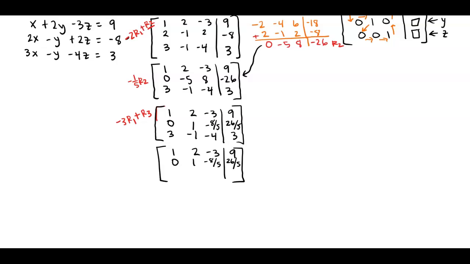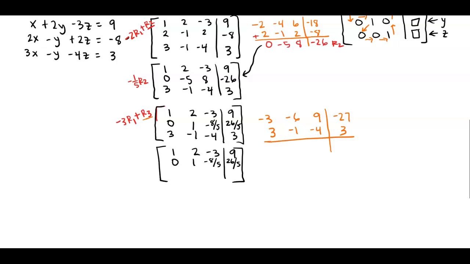Right, and so when I do this part, -3 times row 1, that will give me -3, -6, +9, and -27. And then I'm adding it to row 3, so put row 3 underneath it: 3, -1, -4, and 3.